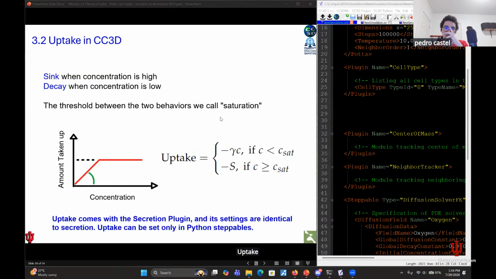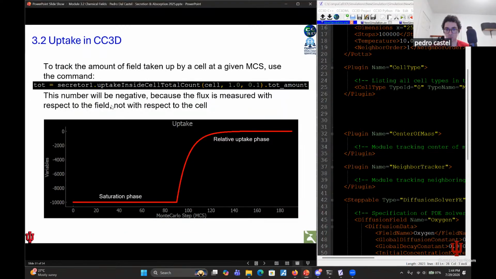Uptake is automatically implemented in your simulation when you invoke the secretion plugin. So there is no such thing as an uptake plugin. In the secretion plugin, you already have access to both. A note: when you track the total amount taken up by a cell, you will see a negative value, because it's removing material from the field, and the total amount takes into consideration gain or loss from the perspective of the field, not from the perspective of the cell.